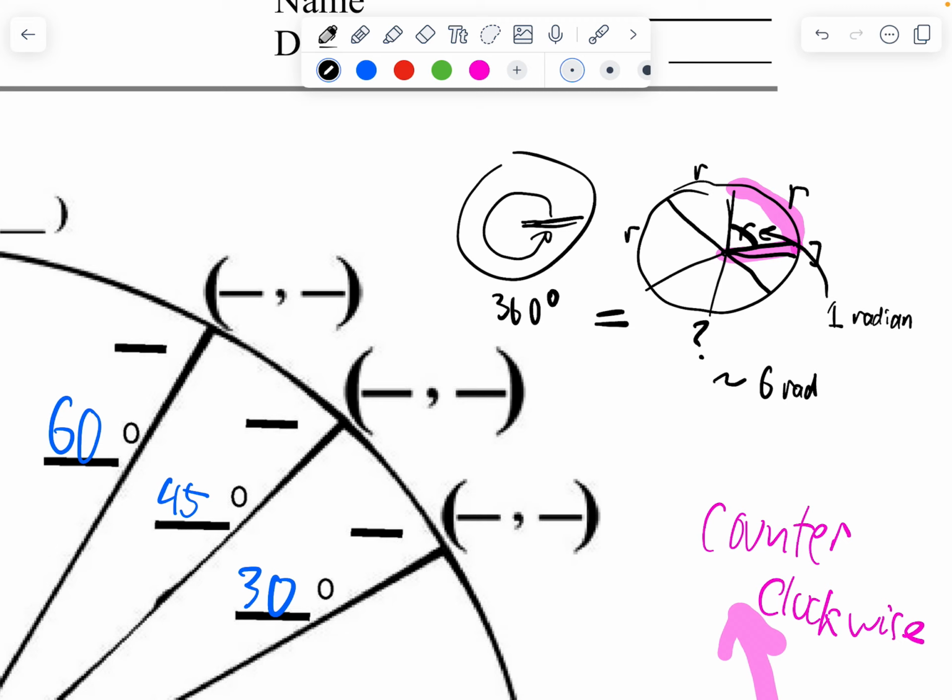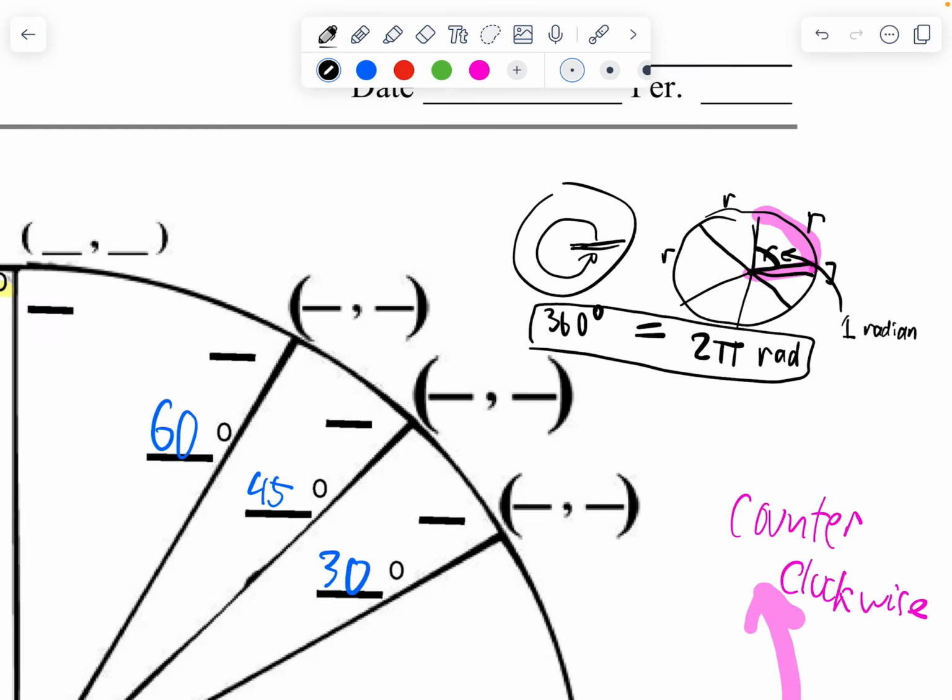So it turns out that a full circle is exactly, and I'll write this here, 6.28, which is basically 2 pi radians. So this is something that we really need to remember for this unit circle.